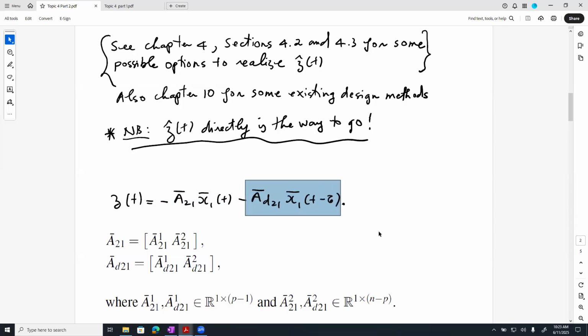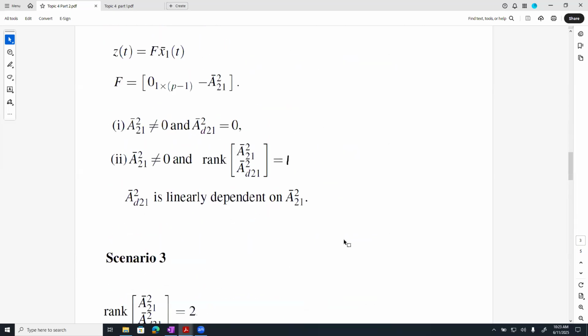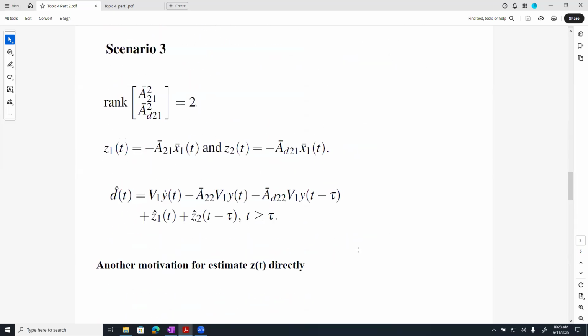So what we can do is we can realize this functional there and this functional itself, and then we delay it. So that's what scenario 3 is about. So effectively, there are two functional observers.